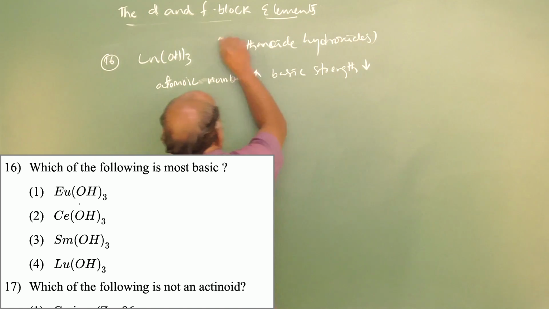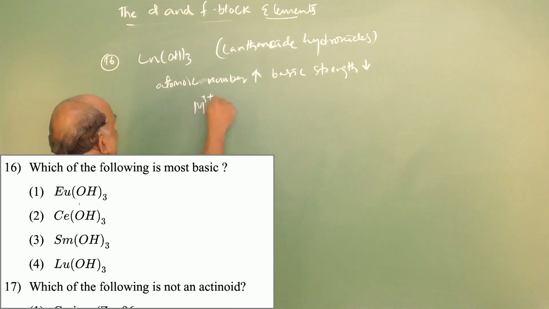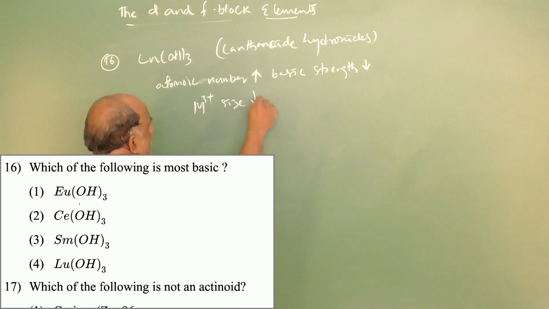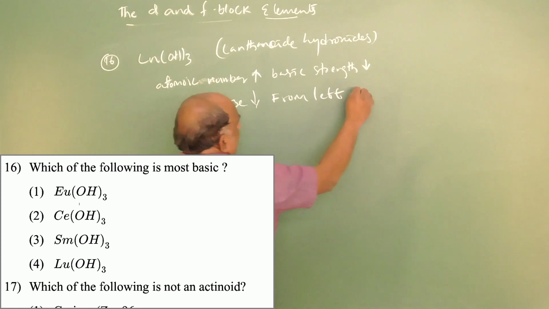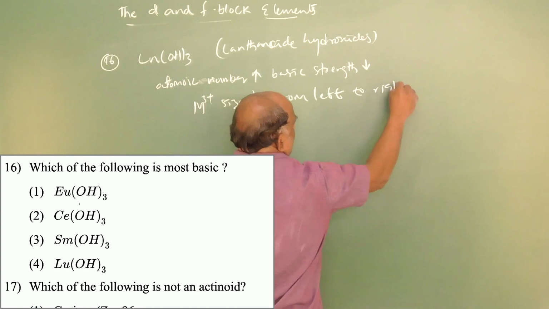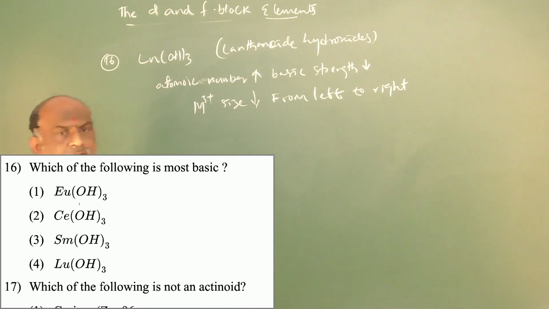For lanthanide hydroxides, the M3+ cation size decreases from left to right.